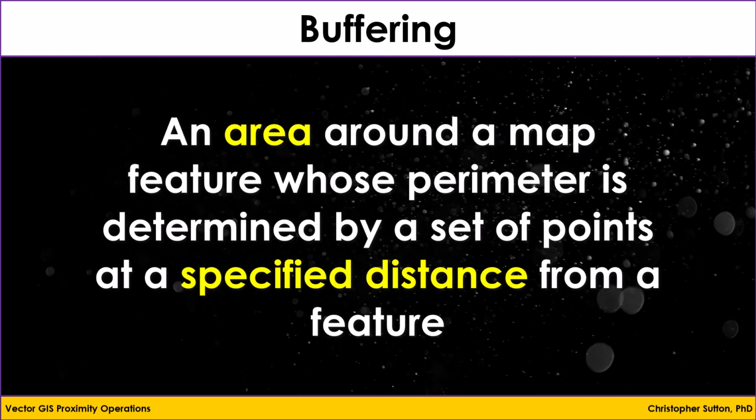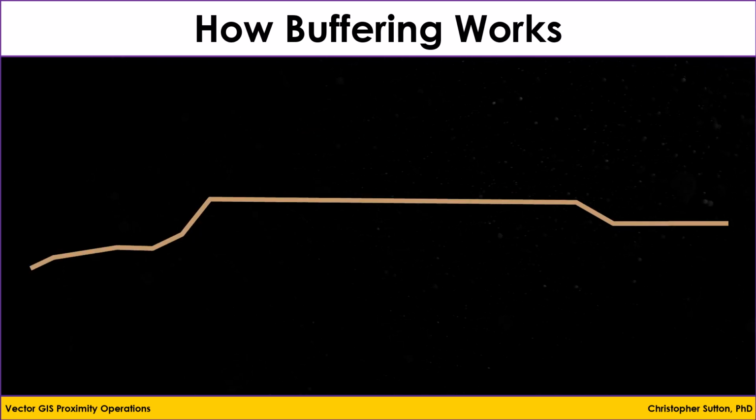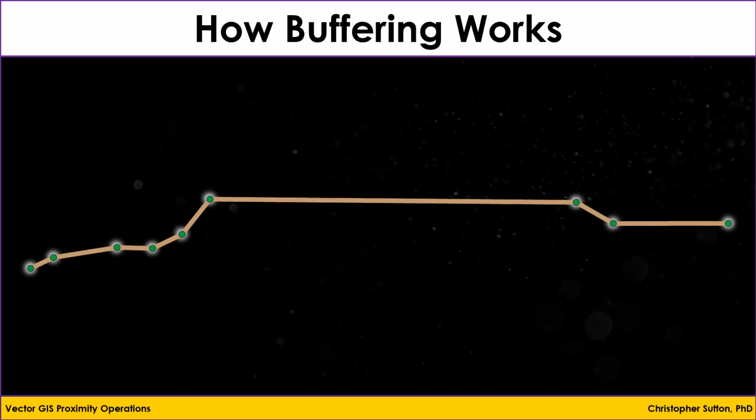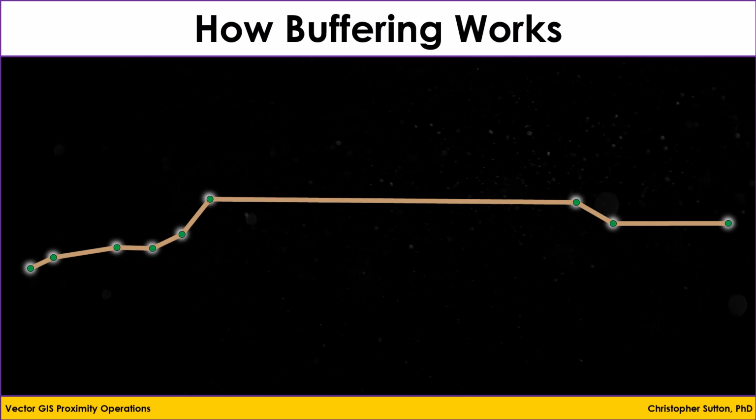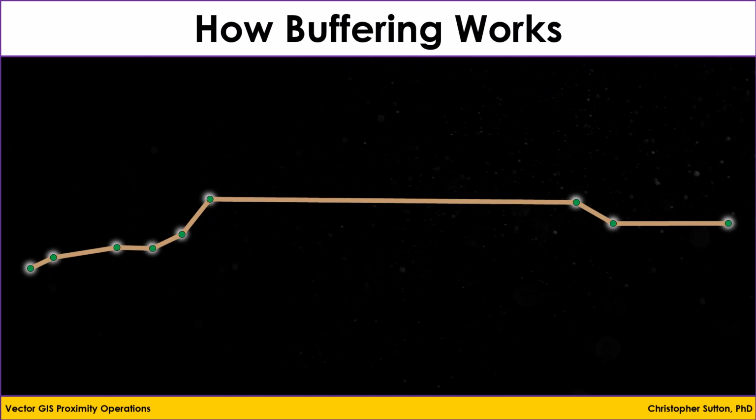Let's break down how buffering works. Here we see a feature. This could be a road, for example. If we're going to create a buffer around this road, how do we do it? We start with identifying the vertices of the feature. So these are the locations where our line changes direction. We use vertices to create what are called buffer offsets.